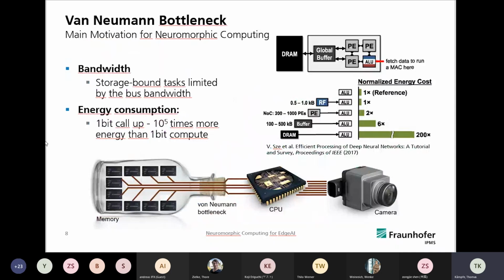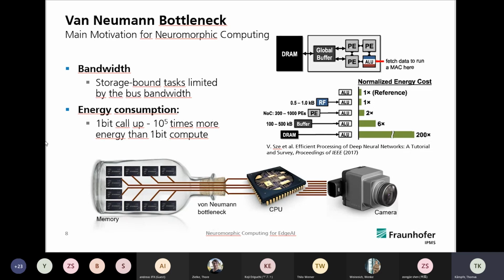However, when we really try to implement neural networks on the edge, we see a similar issue, because most computing systems, microcontrollers as a standard architecture, are separated between storage and computing center and connected via a bus. And this bus becomes the bottleneck for such storage-bound tasks, which AI workloads are, which call a lot of weights only to do a very simple operation, the weighted sum operation.